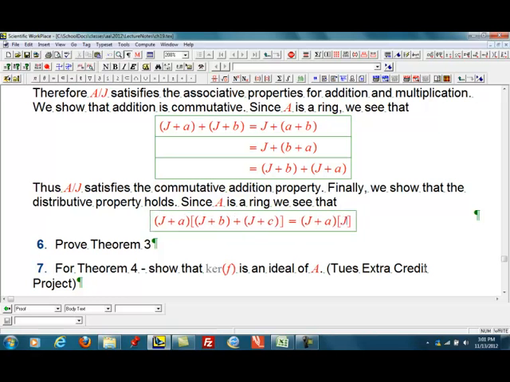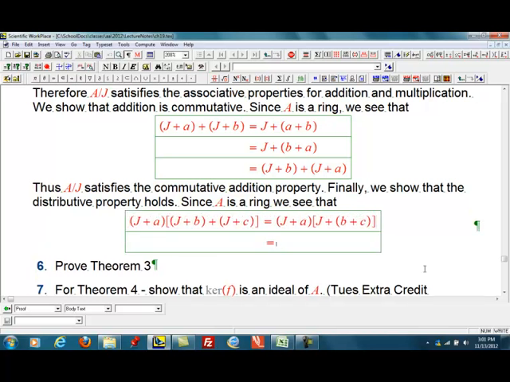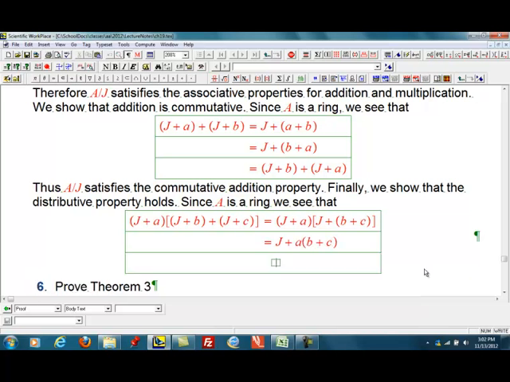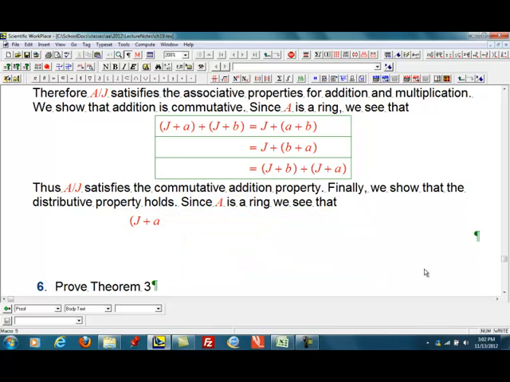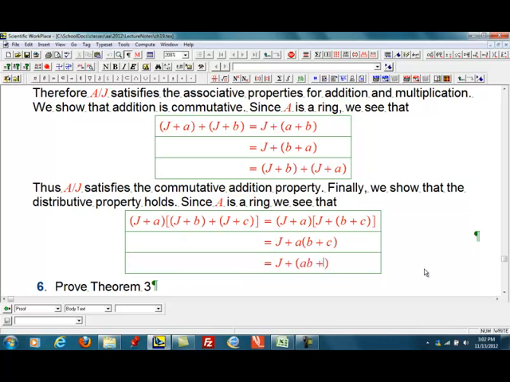When you add those together, you get what? J plus (b plus c). And now you're multiplying that with the J plus a outside, and what do you get? J plus a times (b plus c). But what is that equal to? Since A is a ring, the distributive property holds, and that becomes J plus (ab plus ac), right?